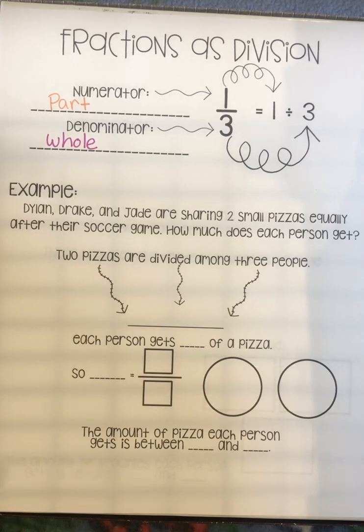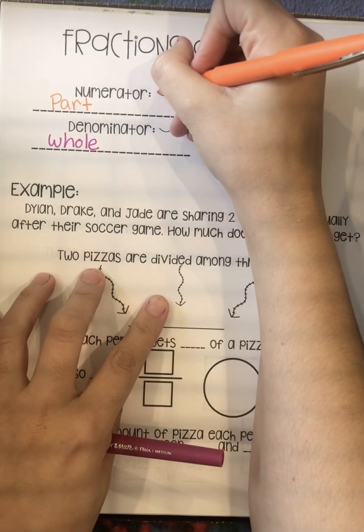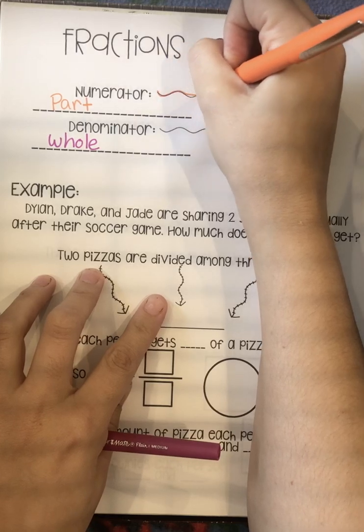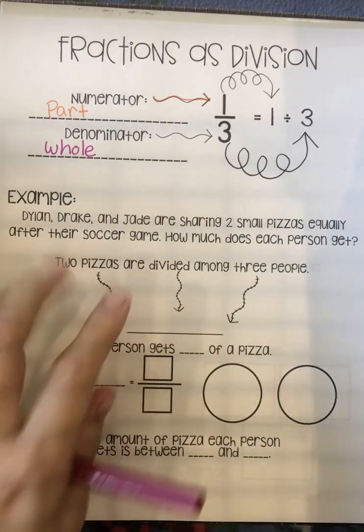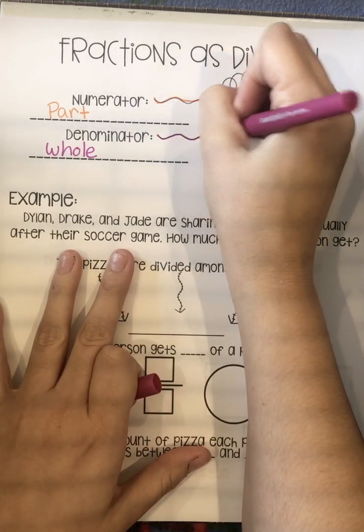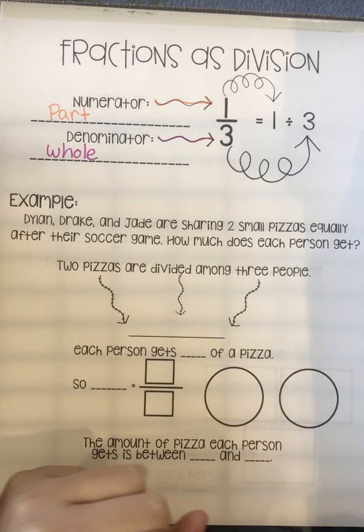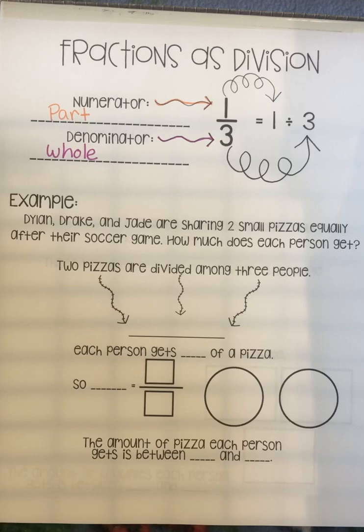And if we look at this in relation to our fraction, our numerator is our top number. Our denominator is our bottom number.